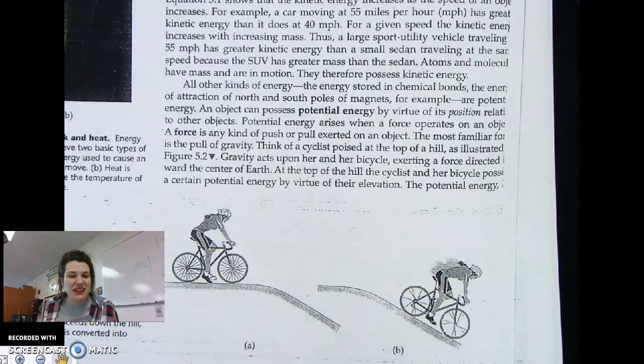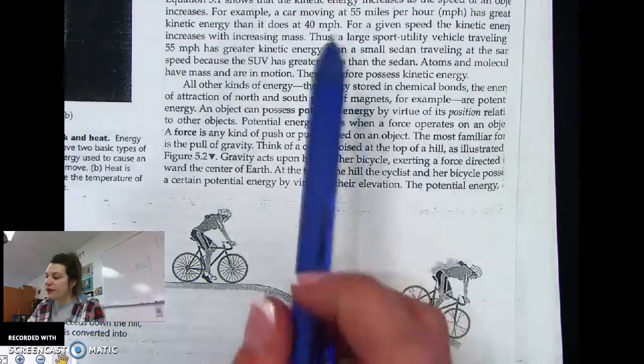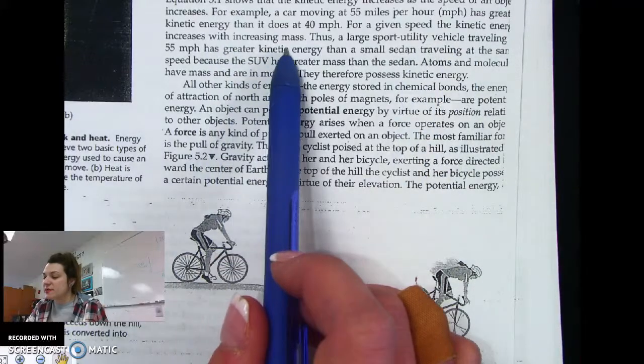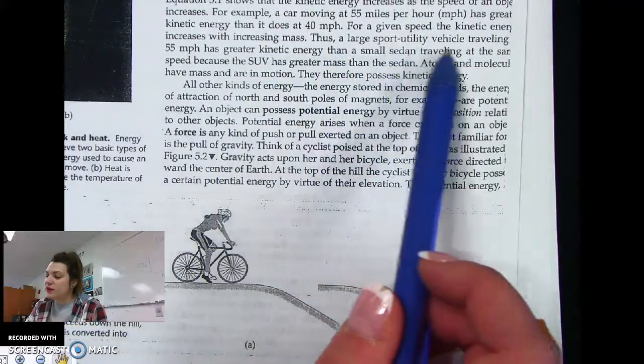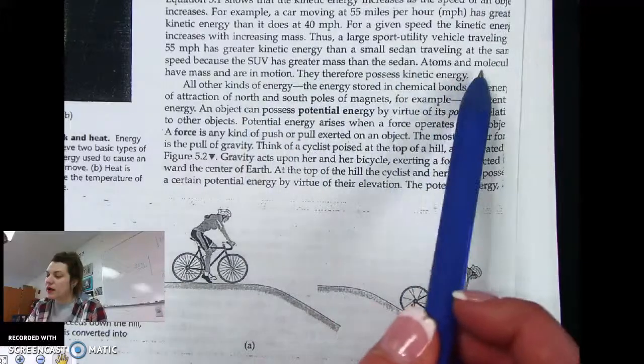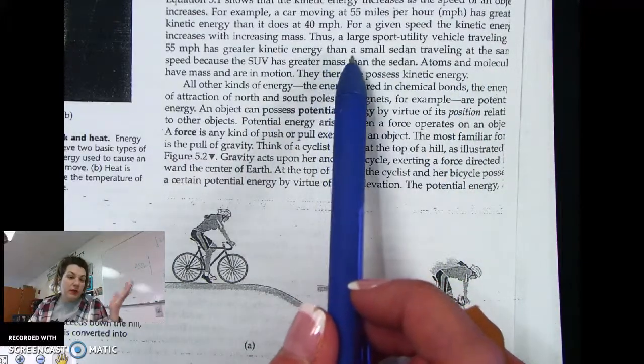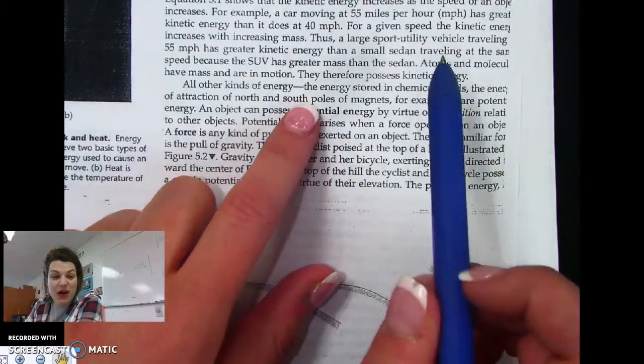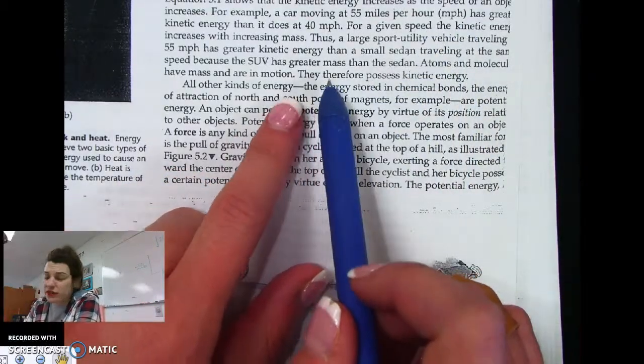Okay, so I don't really need to write that because I can look at the equation and know. Okay, for a given speed, the kinetic energy increases with increasing mass. Thus, a large sport utility vehicle, and so on. I'm skipping that because I've already seen the mathematical equation, so I don't really need to think about what that's saying because I know that they're directly related to each other.